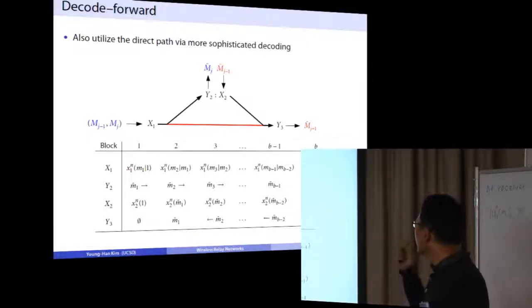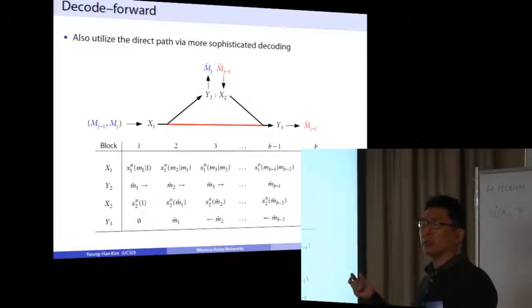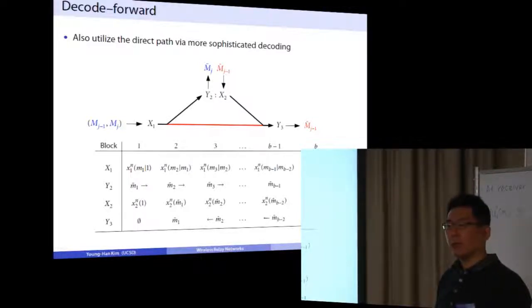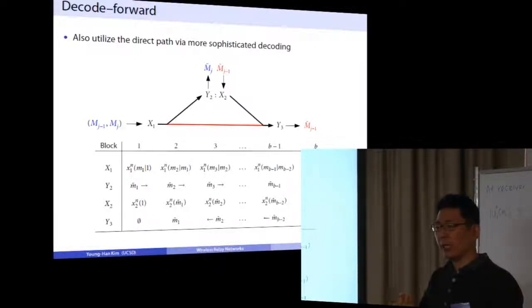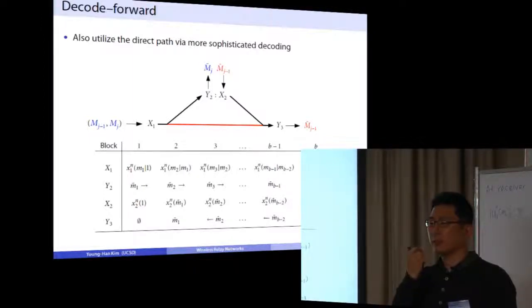Later, this idea was made more streamlined by using forward decoding instead of backward decoding, using something called sliding window coding. That work is Xie and Kumar, and also Gerard and Michael Gaspar.